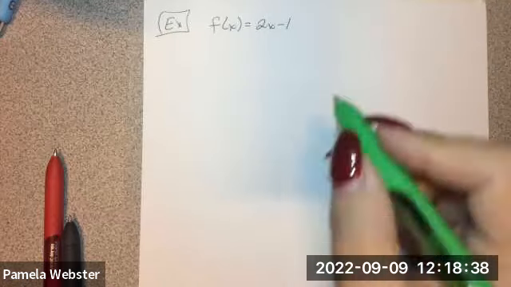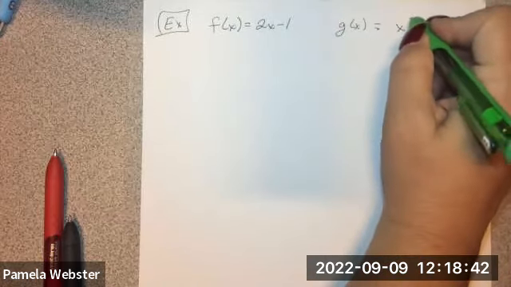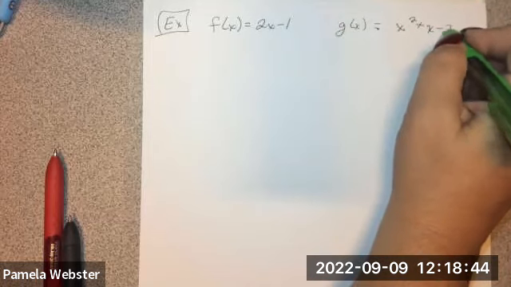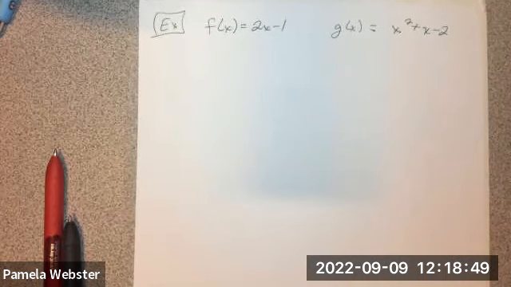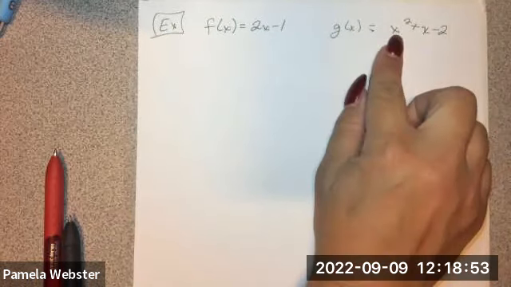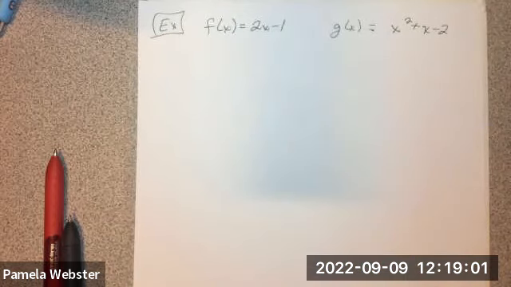And if g of x is x squared plus x minus 2. So these are definitely different functions than what I had before. One is a quadratic, which means if I was to graph that, I would have a parabola. This one is a linear. They're both functions, no problem.